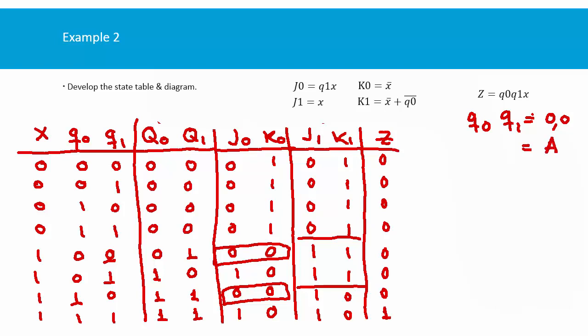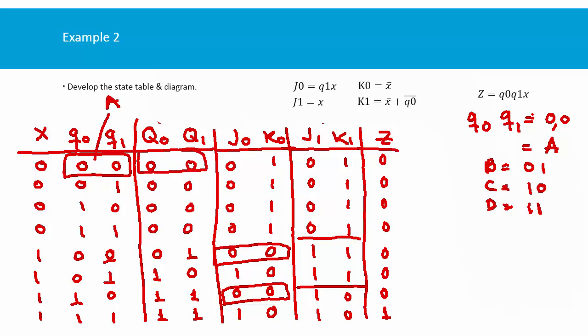So I can say this is state A. By doing that, you can see, for example, that here you have 0, 0 as a combination of the outputs. So you have state A here. And you're going to state 0, 0, so you also have state A. With this, you can build the state table and the state diagram.